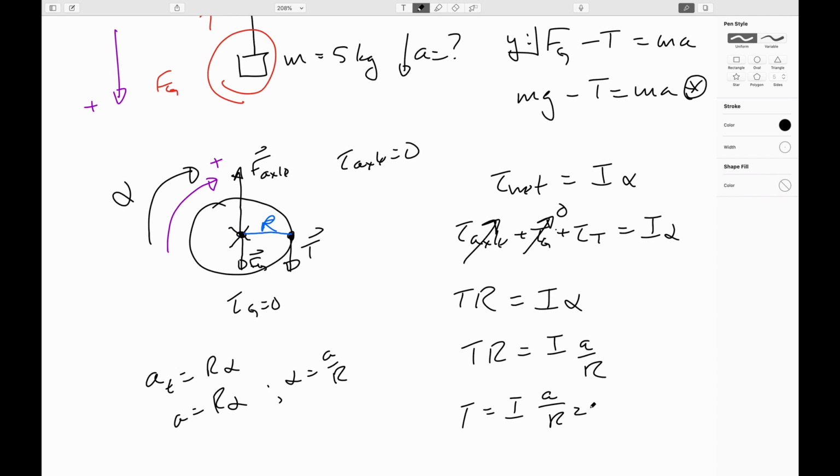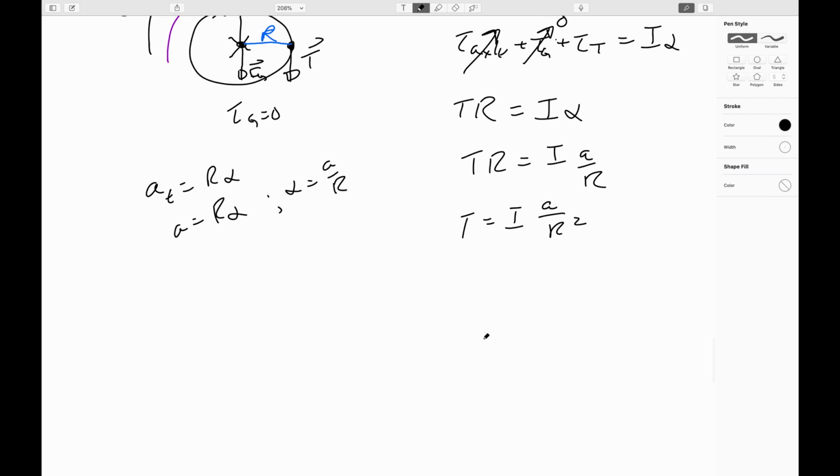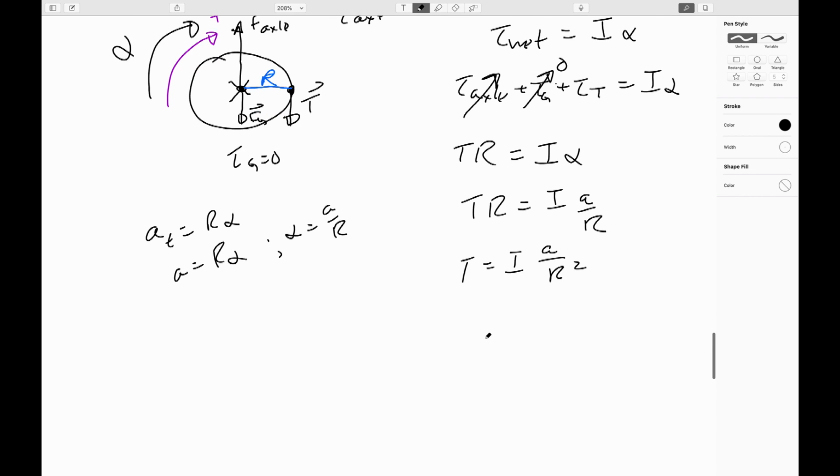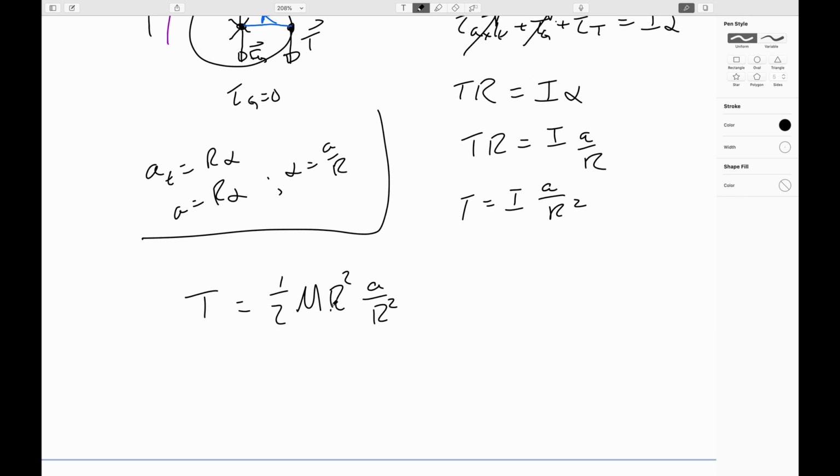Now here, it's probably going to be useful to go ahead and look back up in our table at the moment of inertia of a disk about an axis going through its center. And when you look that up, the moment of inertia is 1/2 the mass of the thing, r squared, times a over r squared.